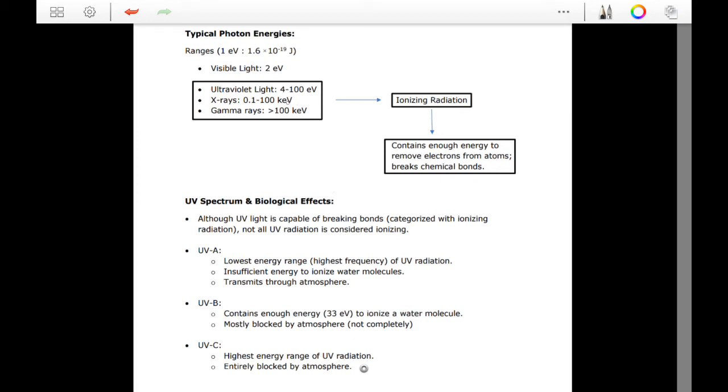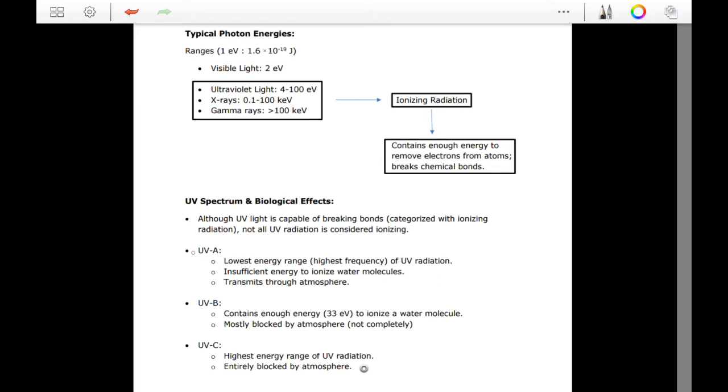So we know that basically anything larger than 4 electron volts can have the capacity to break a chemical bond. But the thing is, the UV spectrum, not all of it is capable of ionizing a molecule. And so we broke down the UV spectrum into these 3 categories. UVA, which is the lowest energy range or the highest frequency of ultraviolet radiation.